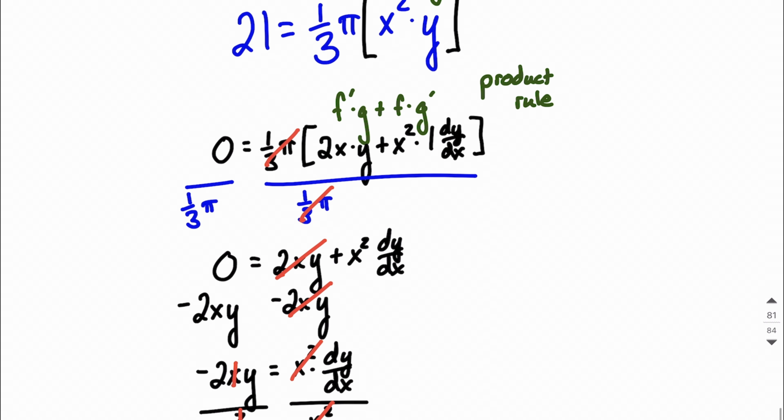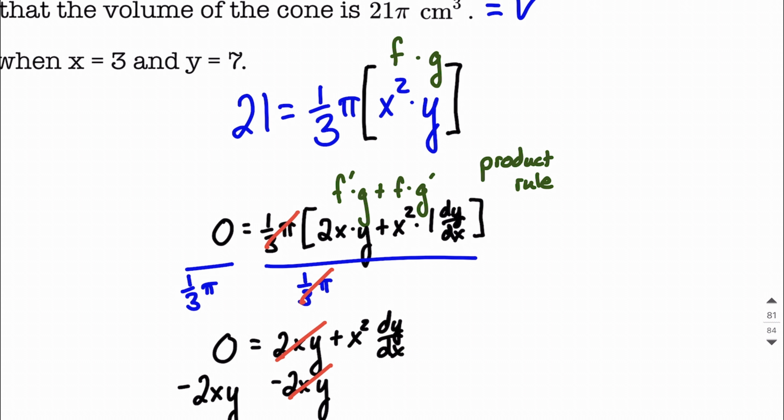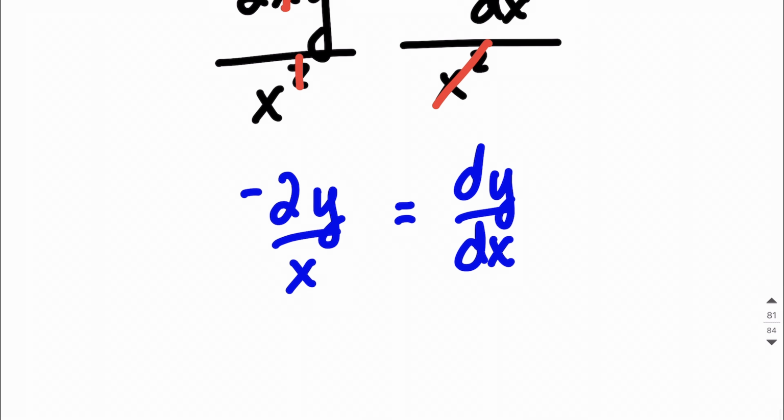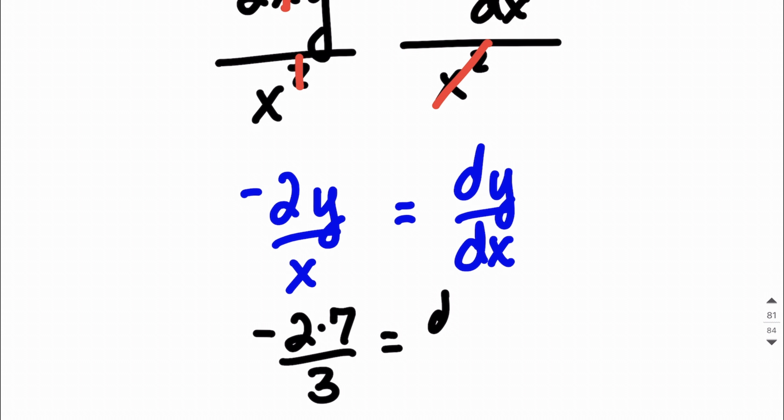But remember, we haven't used these values up here yet. x equals 3, y equals 7. So let's input those into our derivative function that we found. To finish this up, x equals 3, y equals 7 gets plugged in.